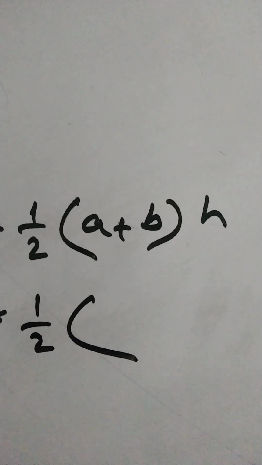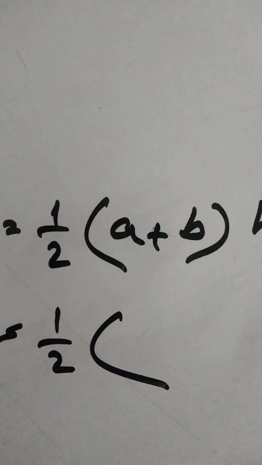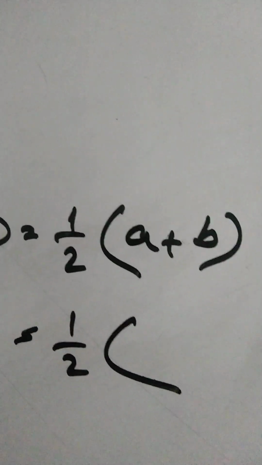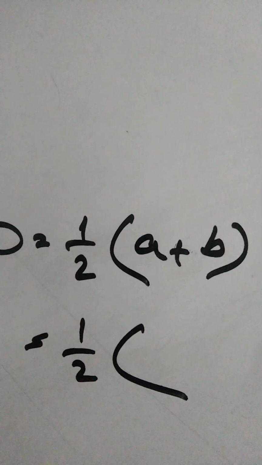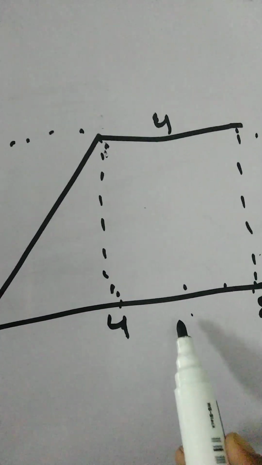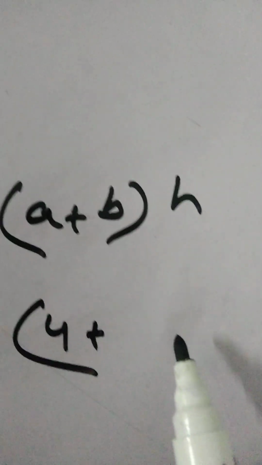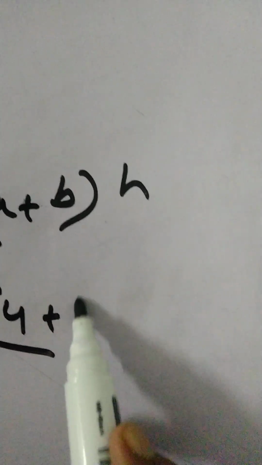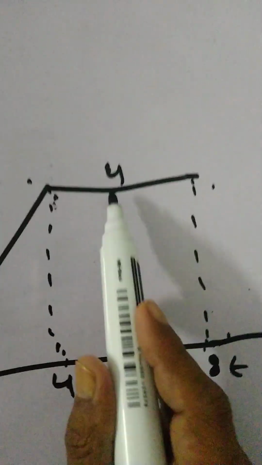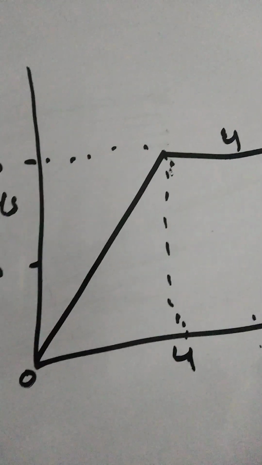After subtracting the areas, we get 4 and 4, because both sides are equal, 8 and 4. So we put a as 4 plus the second value b as 8, and this whole is 8.